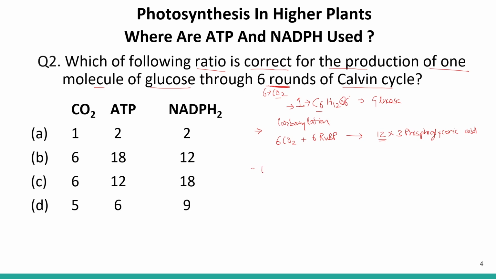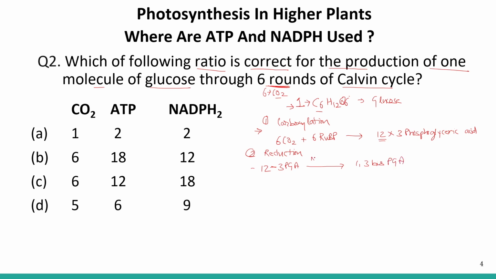Now, first is the carboxylation phase, second is the reduction phase. So 12 molecules of 3-phosphoglyceric acid are first converted into 1,3-bisphosphoglyceric acid.